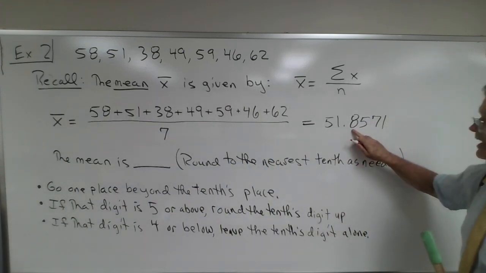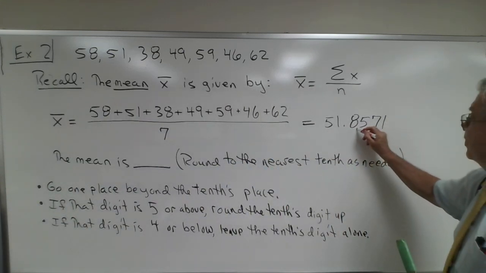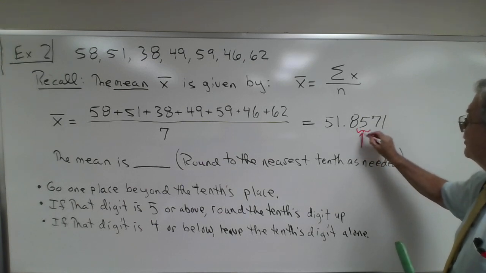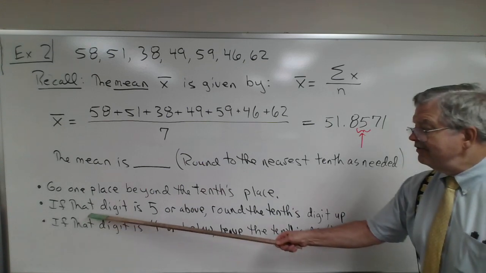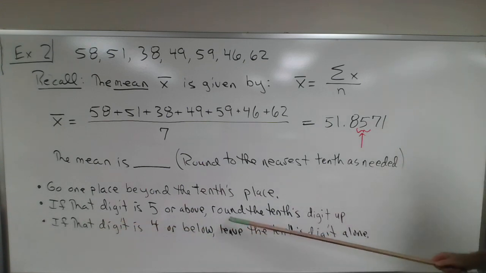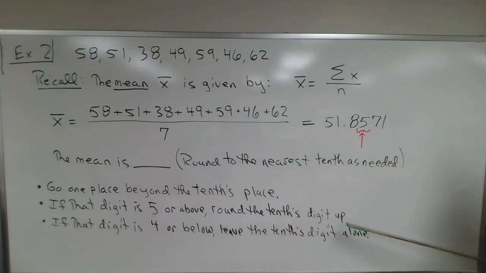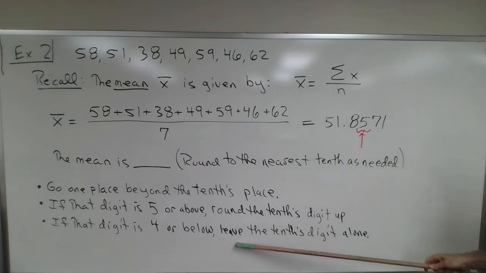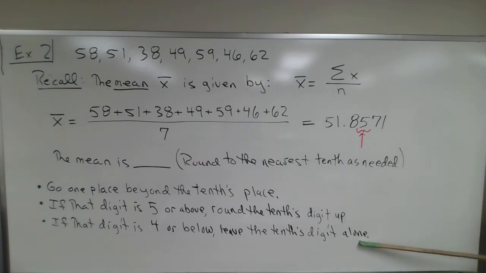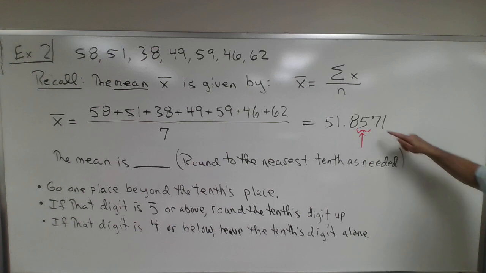Here's the tenths place. So we go one place beyond the tenths place. And then, if that digit is 5 or above, round the tenths digit up. If this digit is 4 or below, leave the tenths digit alone.